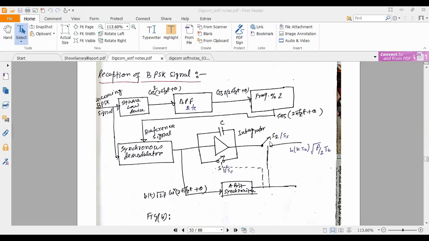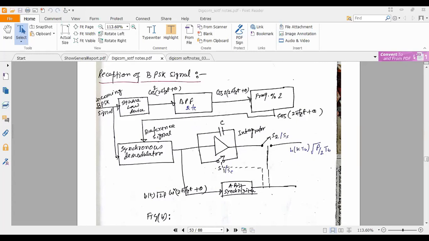Otherwise, see here there are two switches, S2, this is the output of the integrator circuit, and one switch is there. So from the figure it is clear that if you short this switch, whatever data or voltage was stored at the capacitor will be discharged here. Okay, and a single bit synchronizer is there.